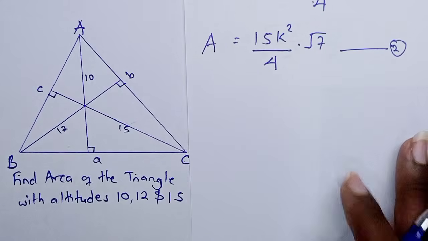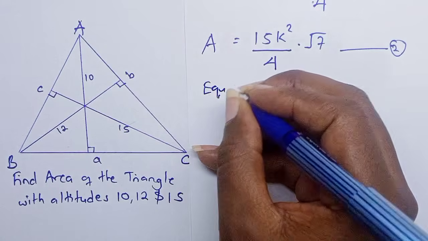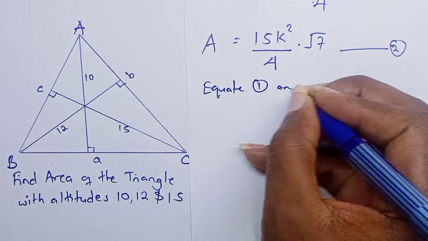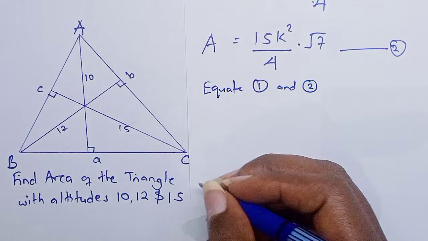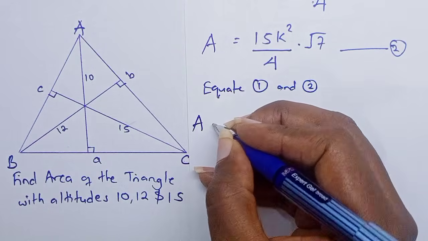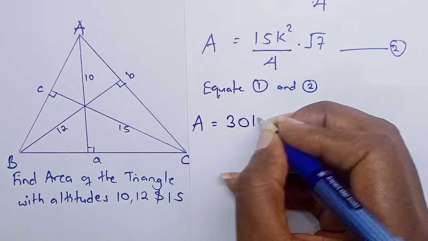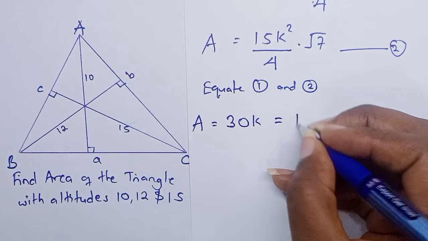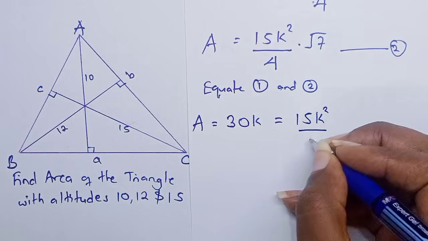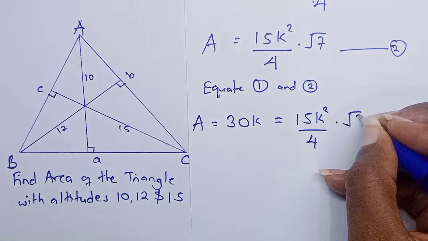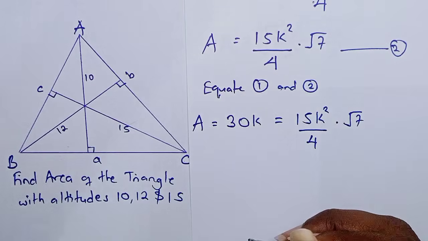So we equate 1 and 2 since they're both for area of the triangle. So the first one is 30k is equal to 15k squared over 4 times root 7.